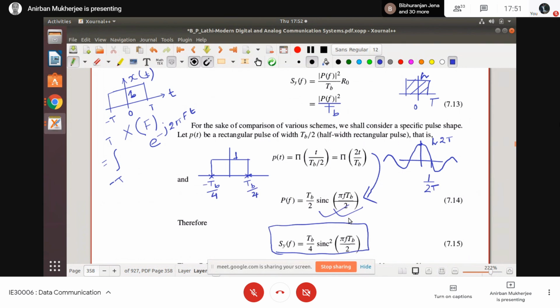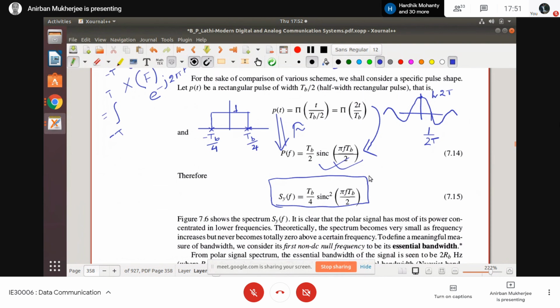Okay, this one. So you are getting now, please try to understand, this is just a Fourier transform.